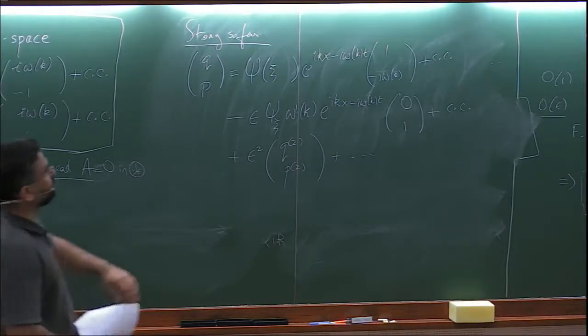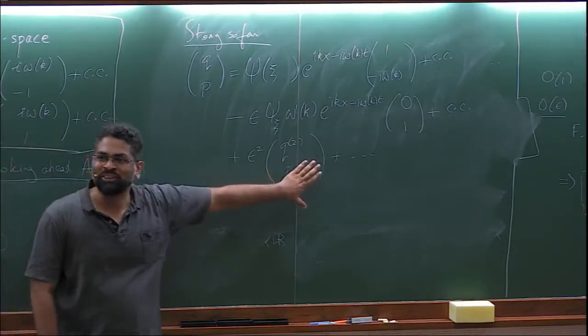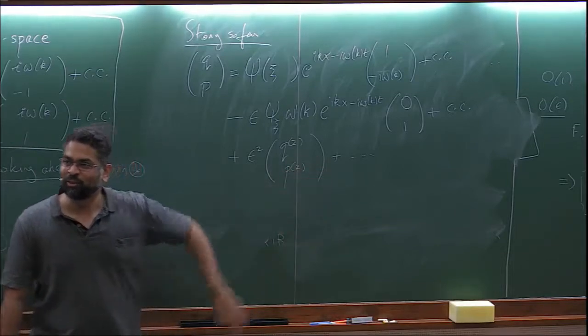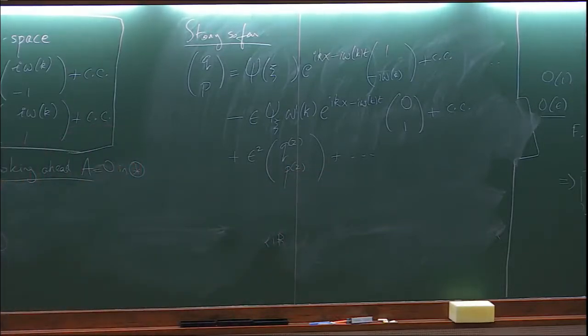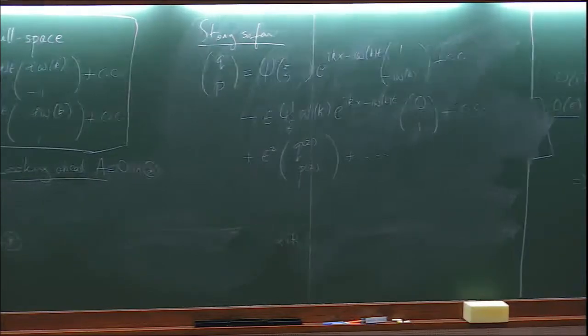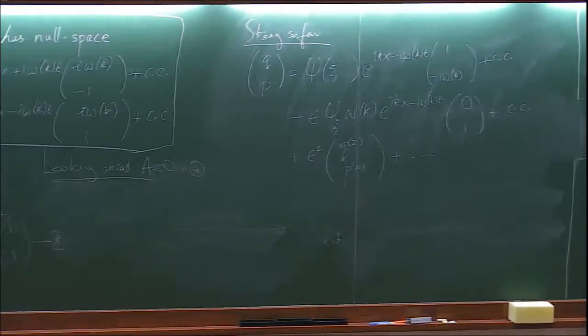Now, of course, I want to go to the next order. So that means that which was a constant must now depend on space and time. So what are my constants? Well, I'll say the profile remains invariant for this equation.